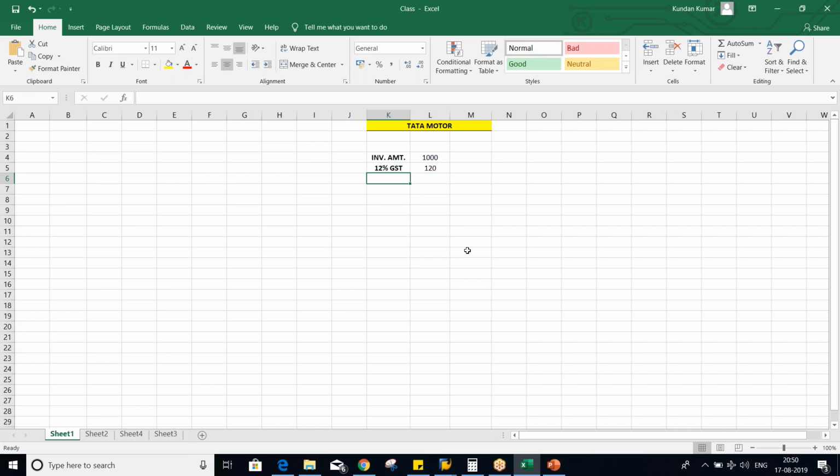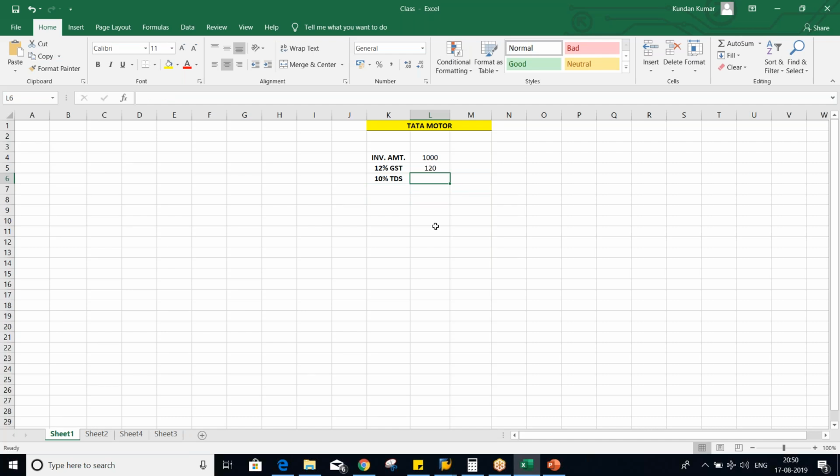Now, if you post this invoice, then while posting it, we must also deduct TDS. Let's suppose 10% TDS is going to be deducted. Now the question is, on which amount is this 10% TDS going to be deducted?